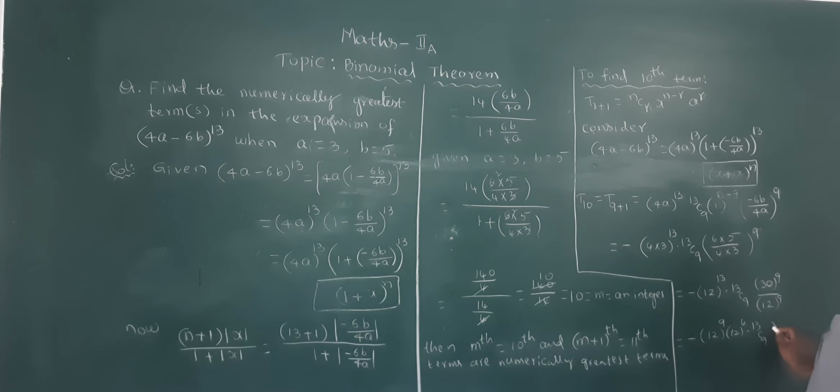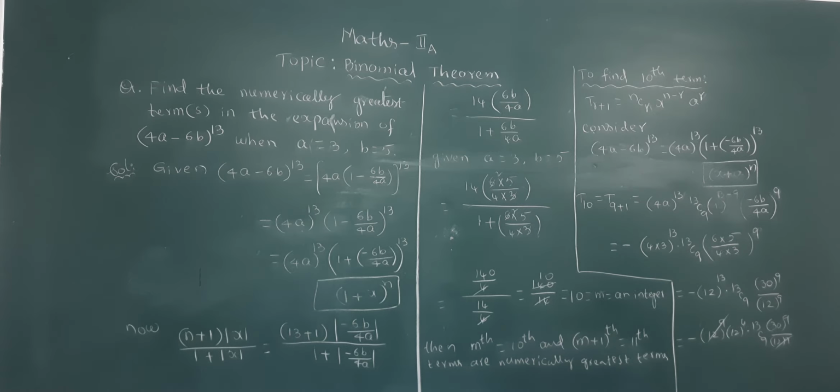13C9, 30 power 9, 12 power 9; the 12 power 9 terms get cancelled. Understand? The remaining will be the required answer.